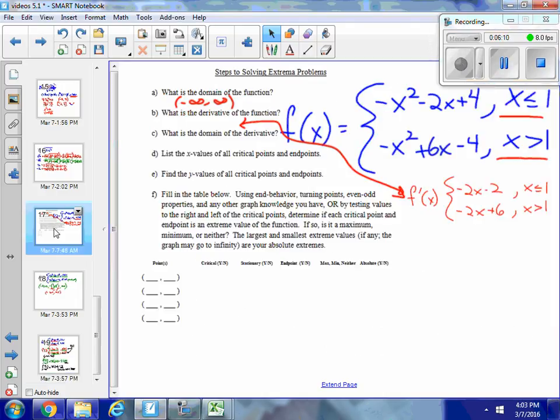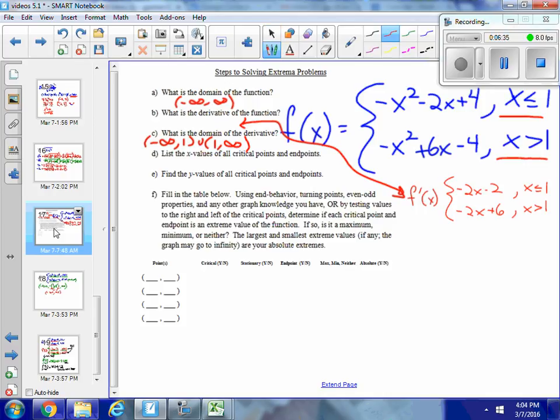So my domain of the derivative here, part C, is negative infinity to 1, parentheses, union 1 comma infinity. The derivative does not exist at x equals 1, so that's a piece that's missing in our domain.